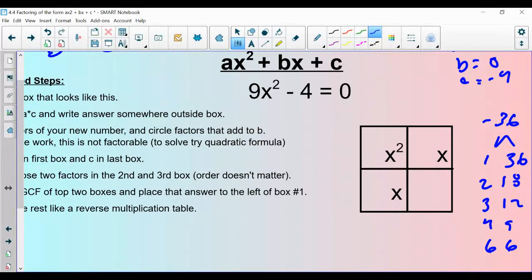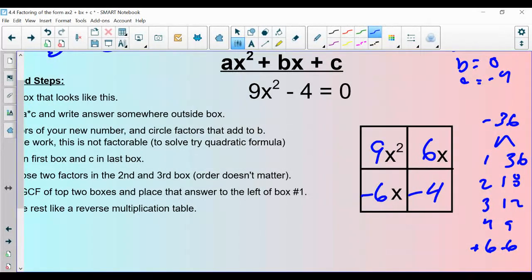And if they add to 0, they have to be the same number, essentially, right? Positive 6 and negative 6 is the factor pair here that adds to 0, the middle term, and multiplies to negative 36. So that's the thing that goes here and here. Remember, the 9 goes in front of the x squared, and the negative 4 goes in the corner.